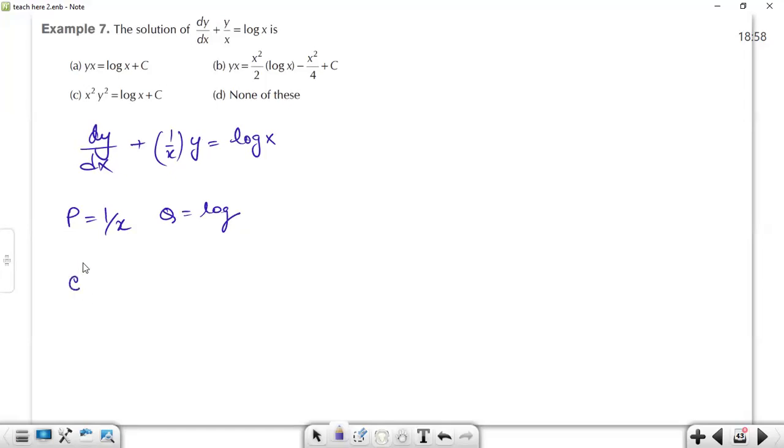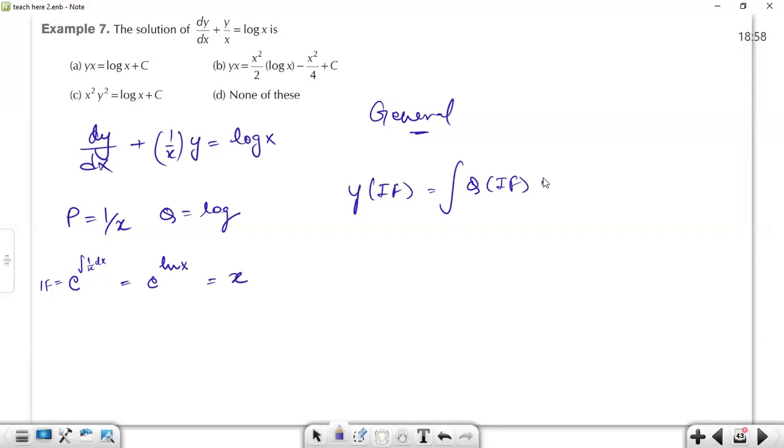So the integrating factor will be e raised to the integration of 1 by x dx, which is simply logarithm of x. So e and log will cancel each other and the integrating factor is x now. Now the general solution formula was y into the integrating factor equals integration of q into the integrating factor dx. Simple. Y into the integrating factor, which is x now.